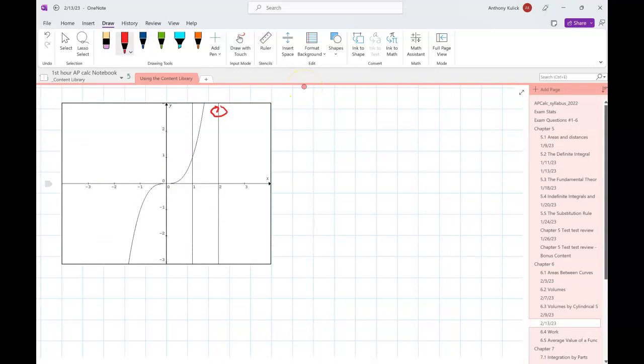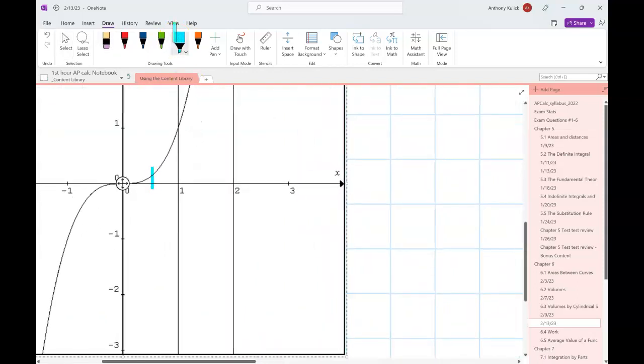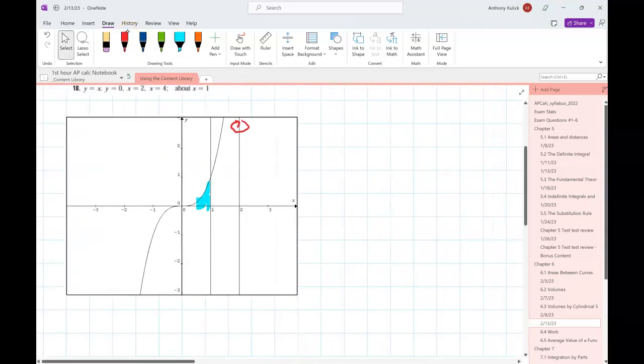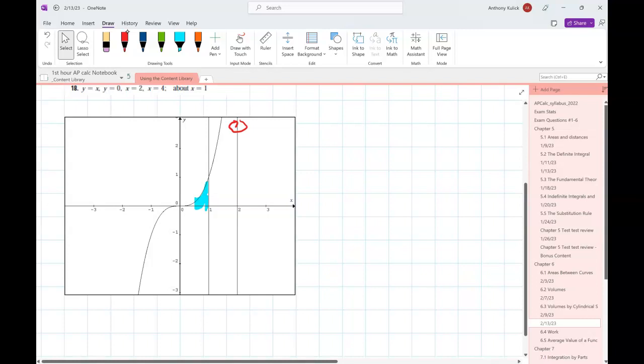So the region that we're interested in is this guy right in here, right? And we're rotating about that axis, x equals 2.